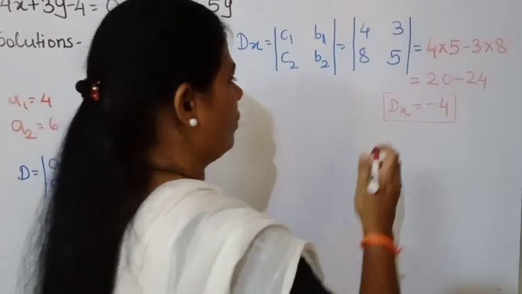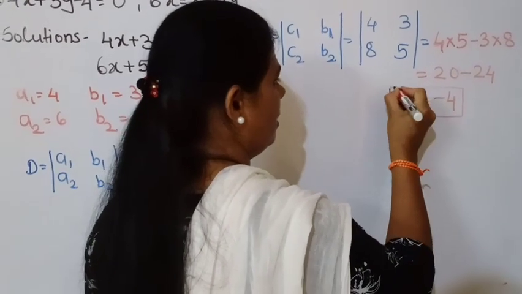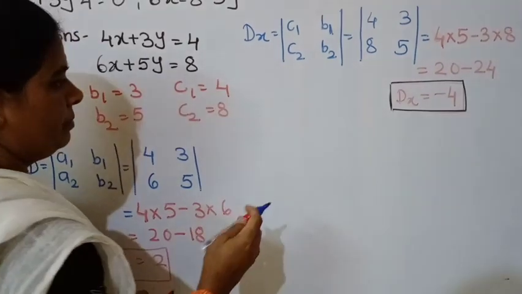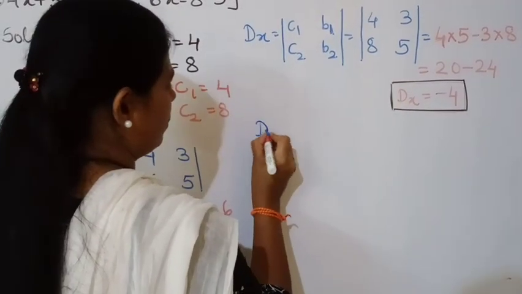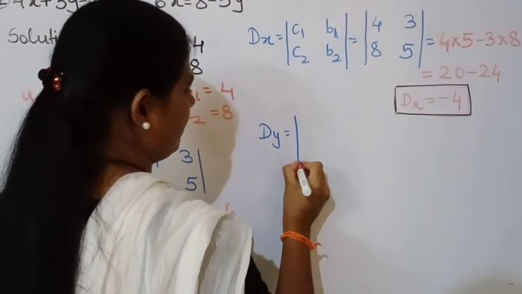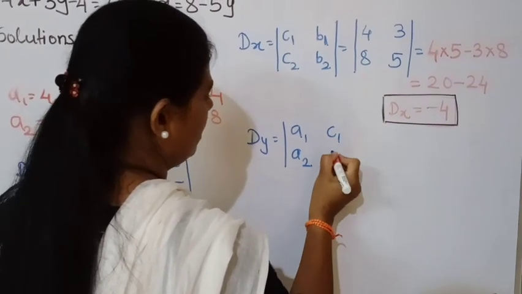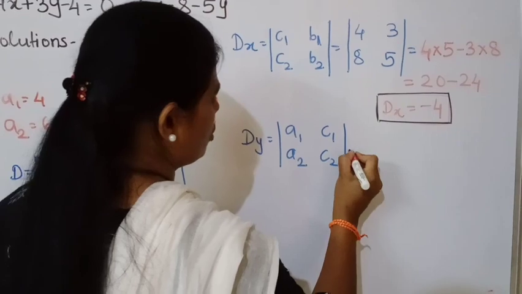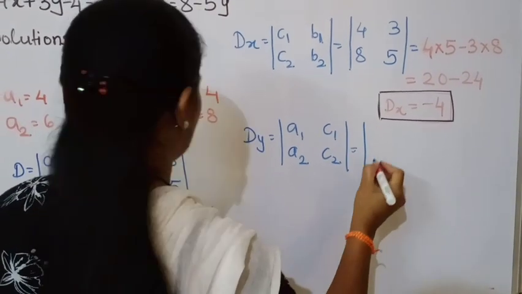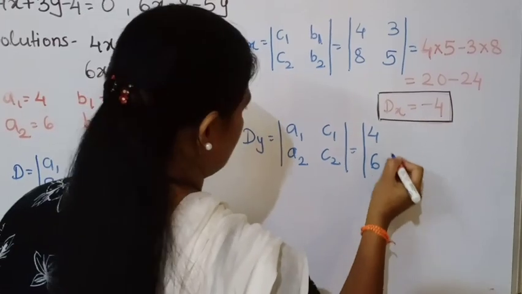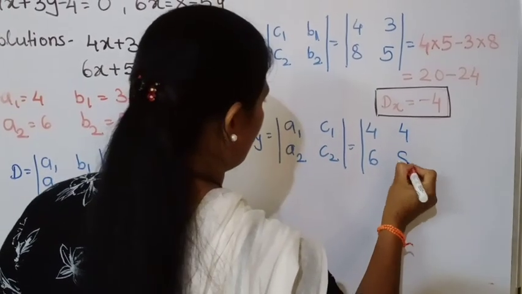Now we have to find dy. We'll write the formula for dy: a1, a2, c1, c2. Substitute the values: a1, a2 is 4, 6 and c1, c2 is 4, 8.